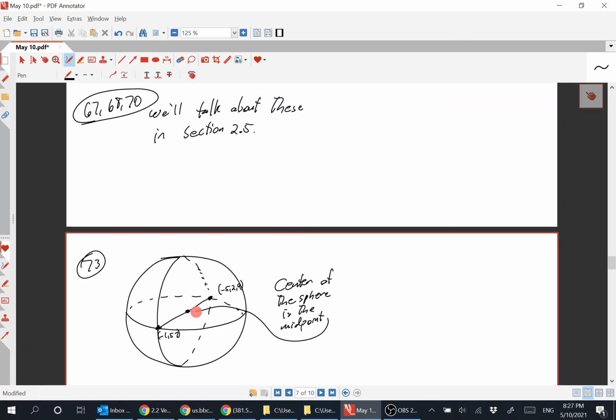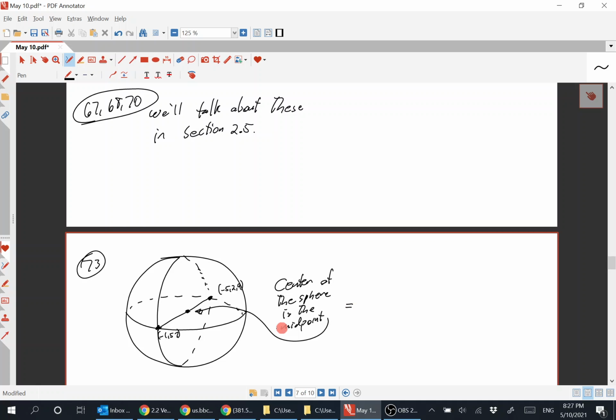You find the midpoint of a line segment in 3 dimensions just like you do it in 2 dimensions. Its coordinates are the average of the coordinates. So the x-coordinate is the average of the x-coordinates, the y-coordinate is the average of the y-coordinates, and so on.